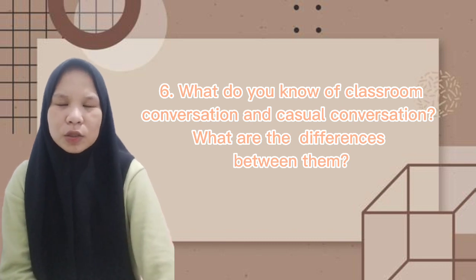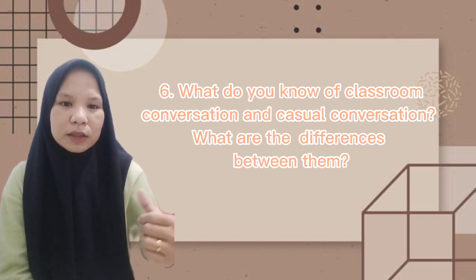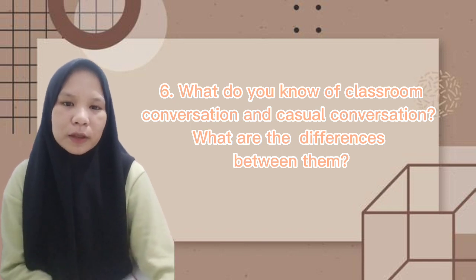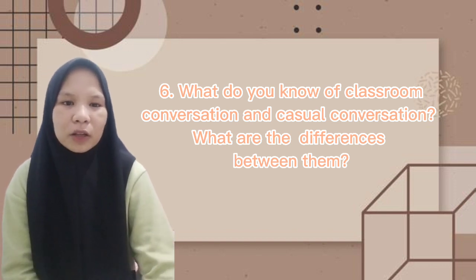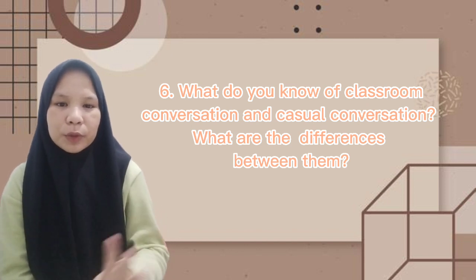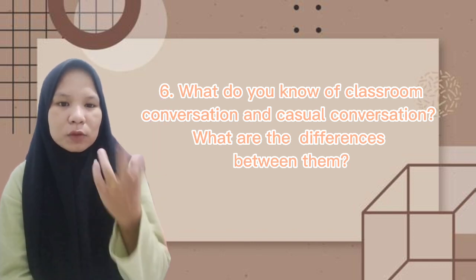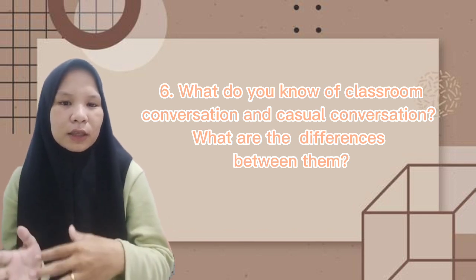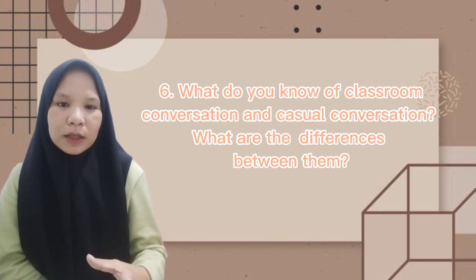Casual conversation means chit chat, gossip, table talk, joking, kidding, ribbing, dialogue, and small talk. The difference is that in casual conversation, people do not need to put their hand up if they want to speak. In classroom conversation, students are expected to do it if they want to say something.